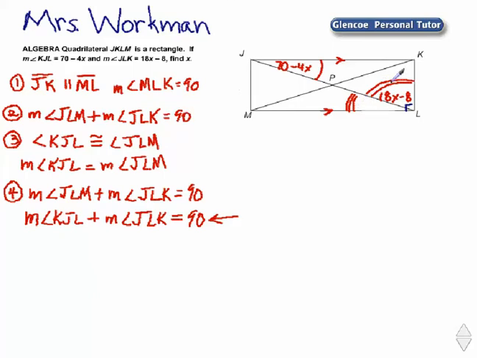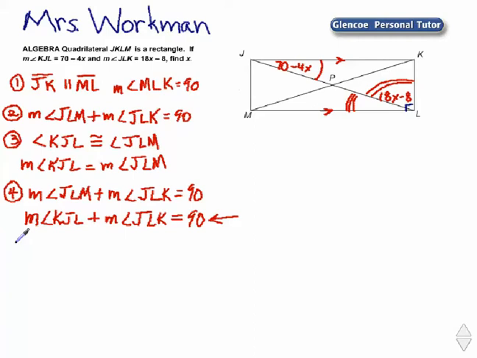These two angles formed the right angle, so their measures were equal to 90. Right here I had alternate interior angles being equal, and so I substituted KJL for JLM. These angles are congruent, their measures are equal, and I made the substitution right here.